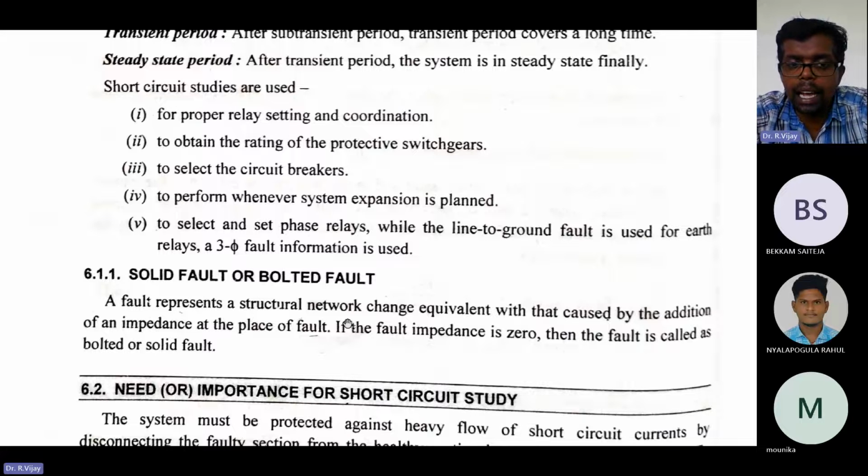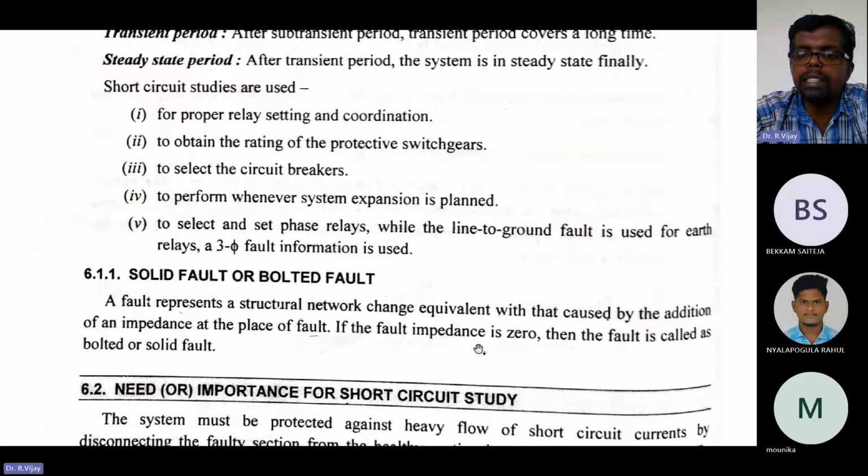A fault represents the structural network change. Whenever a fault happens, suddenly that network will change. That network structure, equivalent circuit, everything will change for a few moments until the fault is cleared. This is equivalent to that caused by the addition of some fault impedance at the place of the fault.